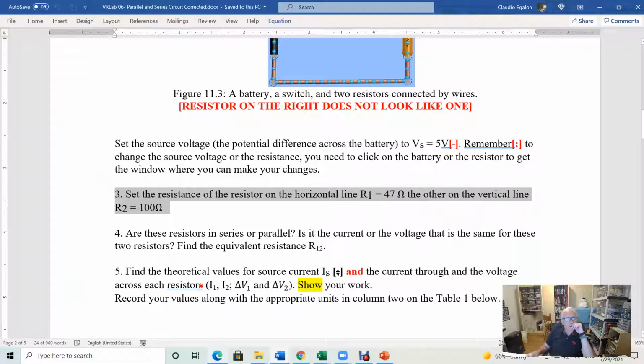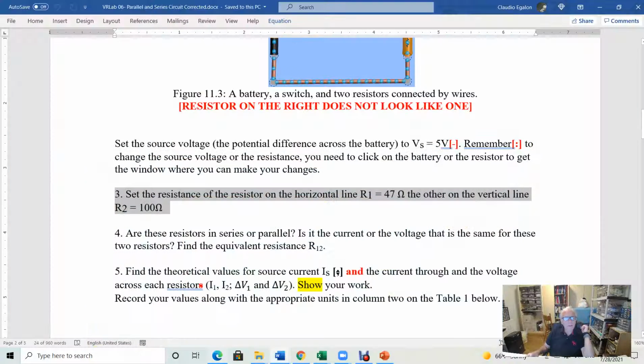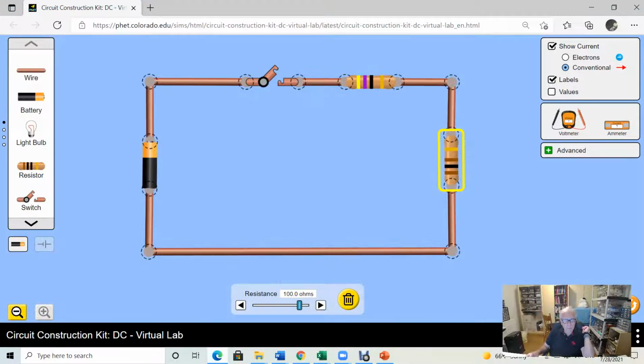Are these resistors in series or parallel? They are in series. Is it the current or the voltage that's the same for these two resistors? I told you, right? You have to have that picture that I told you of the imaginary gate flowing through these wires.